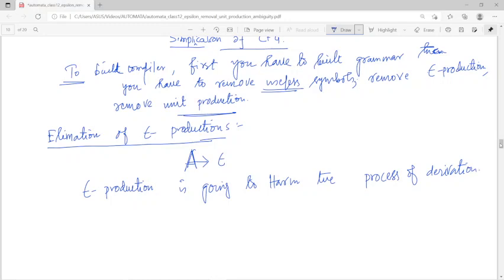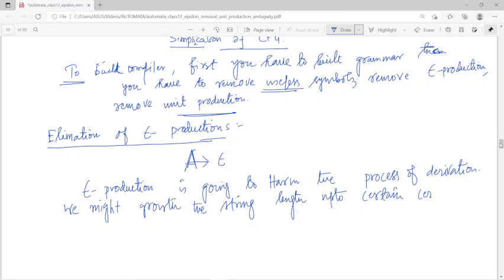What is the problem? We might grow the string length up to a certain length, and again shrink it.